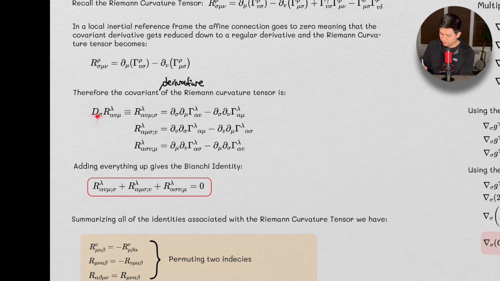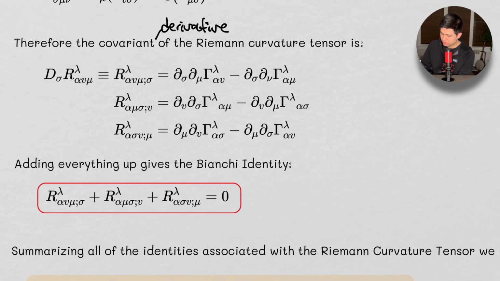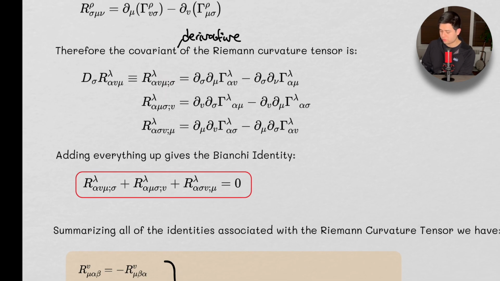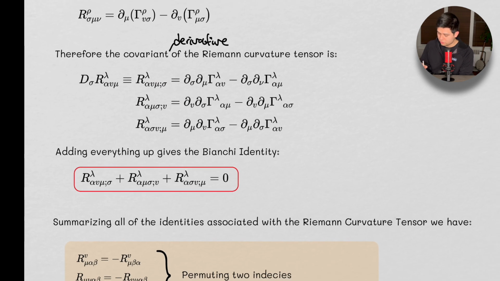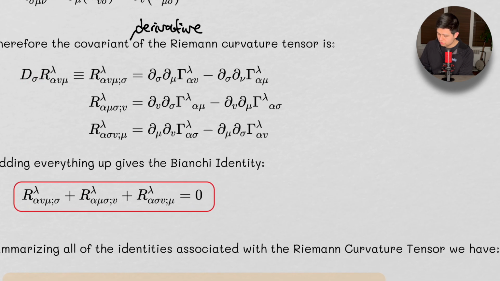So this is the derivative symbol for our Riemann curvature tensor. Another way of writing this is with the semicolon. The semicolon just means derivative with respect to the sigma index. And what we can do now is we apply that sigma, so d sigma and d sigma, and the rest is just the Riemann curvature tensor.